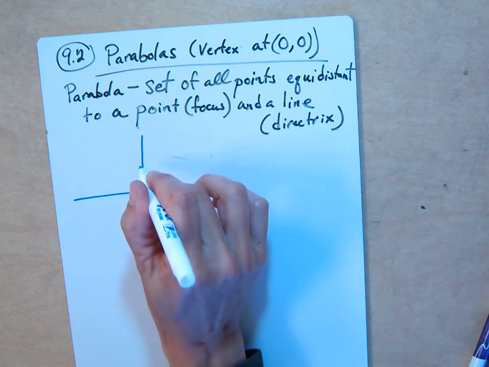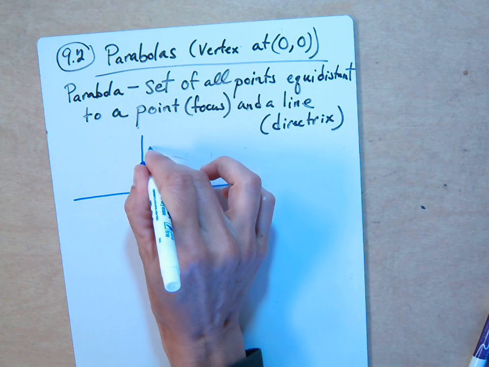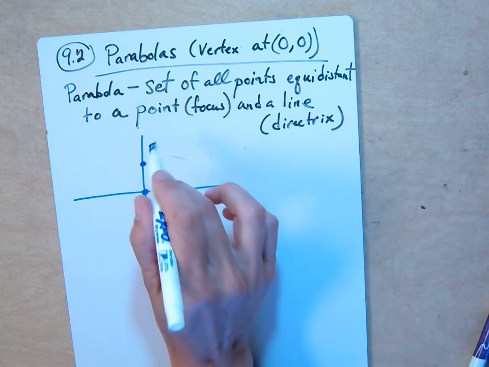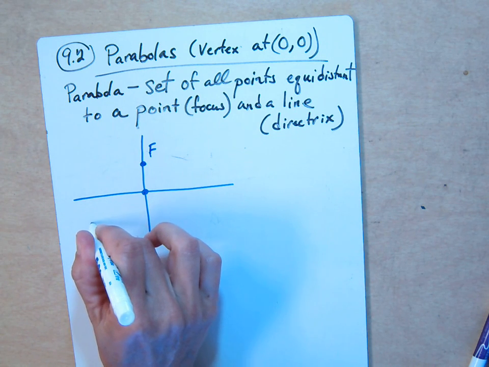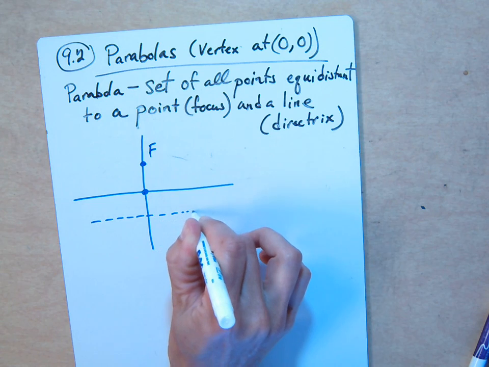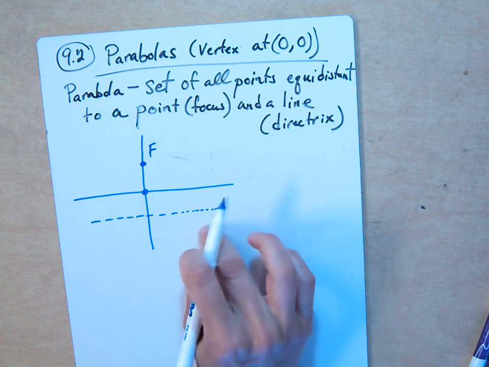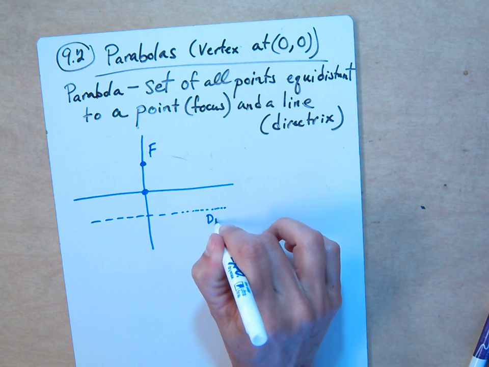There's going to be this focus point, and I'll call it F, a good name for it, focus point. And then there's going to be this directrix, and it's going to be either horizontal or vertical. It'll be horizontal if it opens up or down. This is called the directrix.